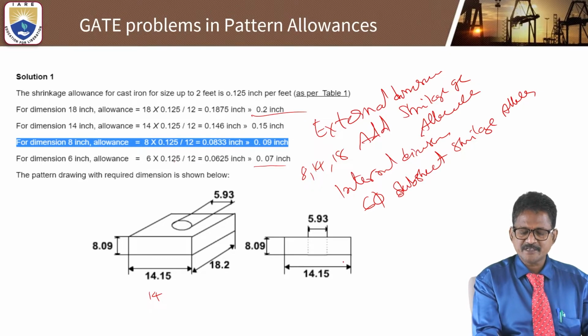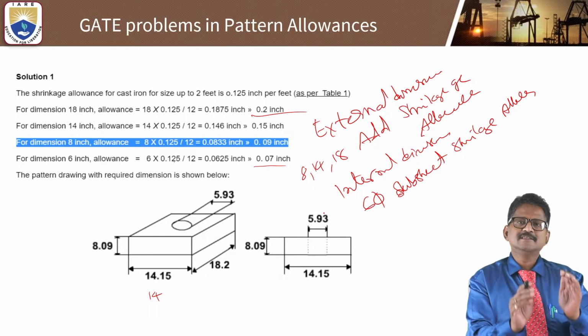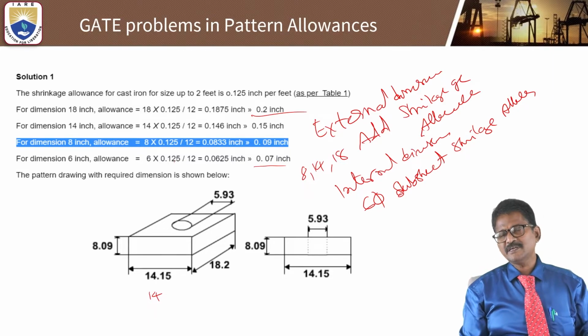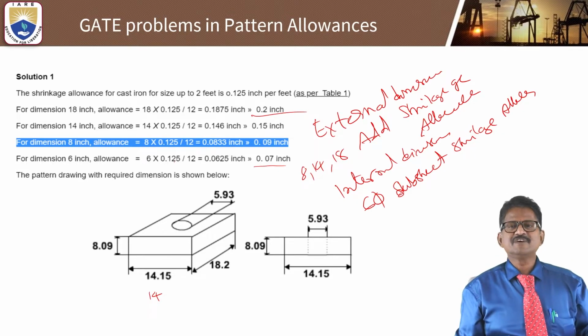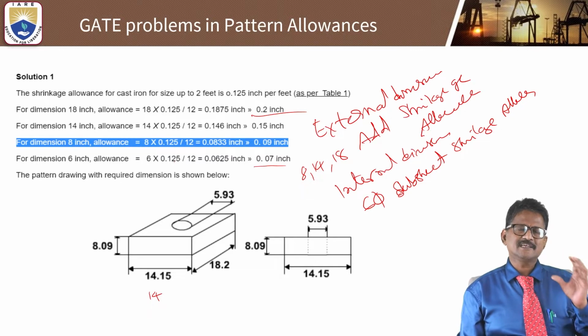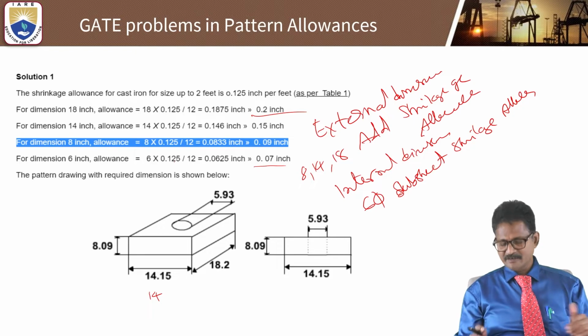This is the way you have to apply the shrinkage allowances for these types of problems. That is why it is very important to understand clearly how you will apply the shrinkage allowances for a variety of materials.